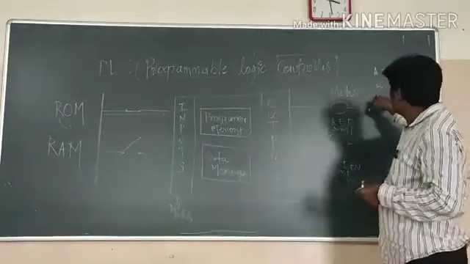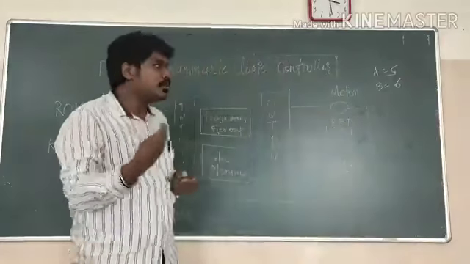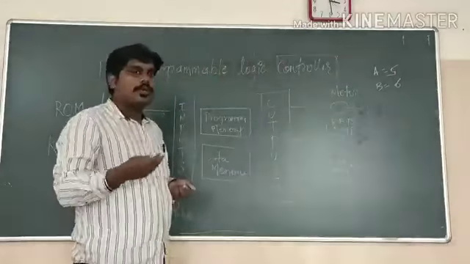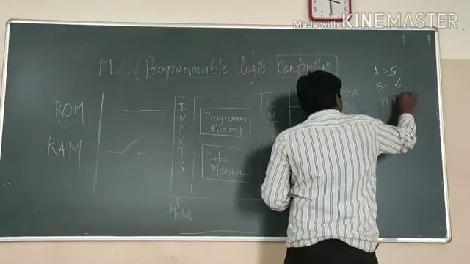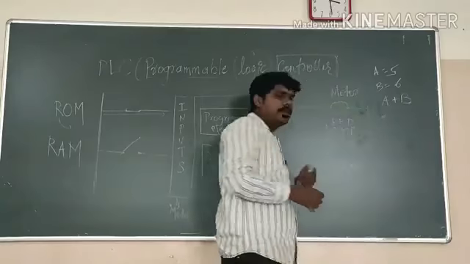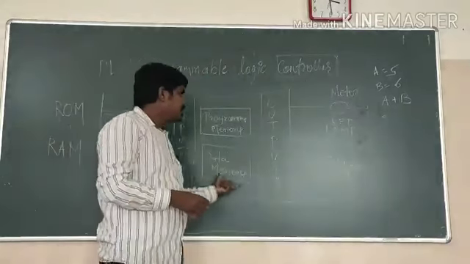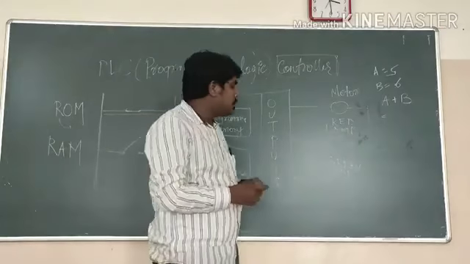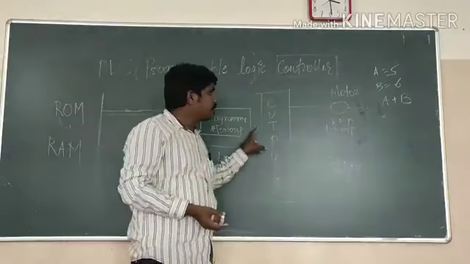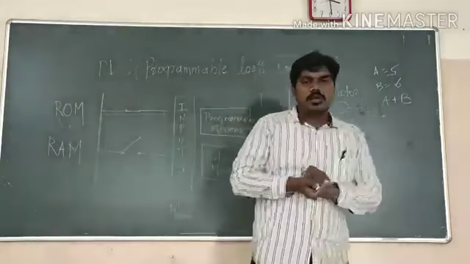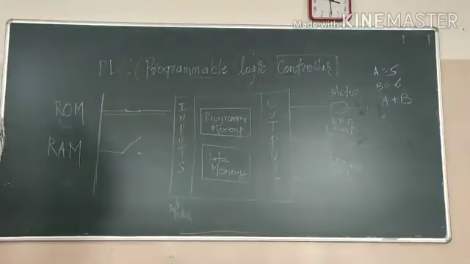Inside the CPU there is a processor, and it performs the operation. If I want to add a plus b, the CPU will add the numbers, and the result will be stored in the data memory. So there are programs which will be executed and transferred to the output side. These are the basics of PLC.